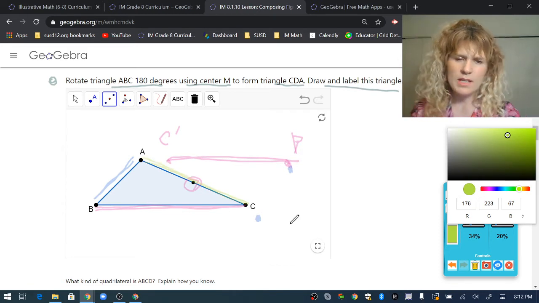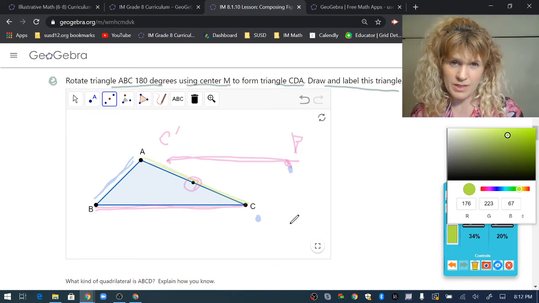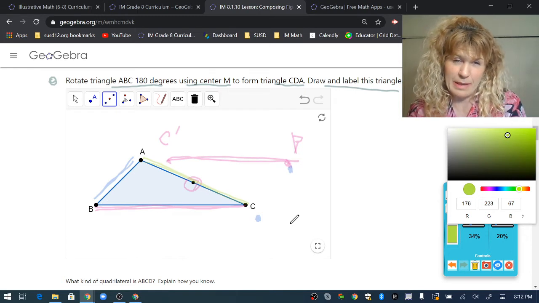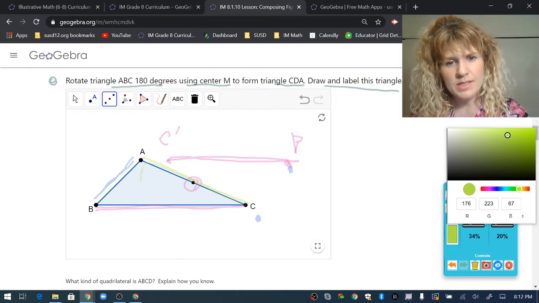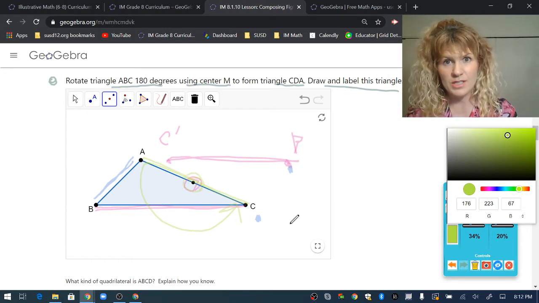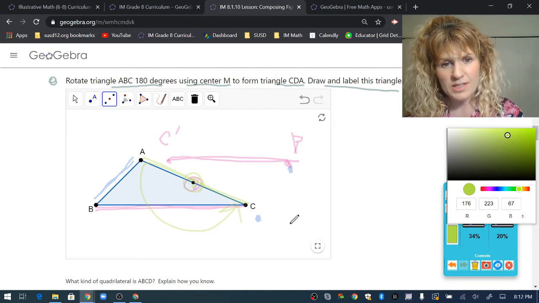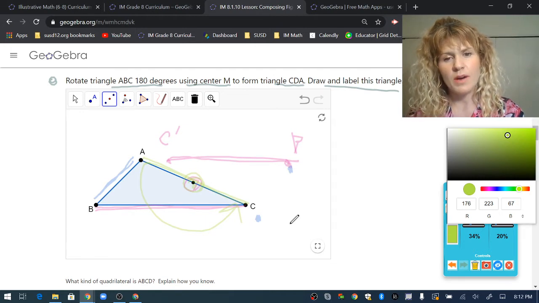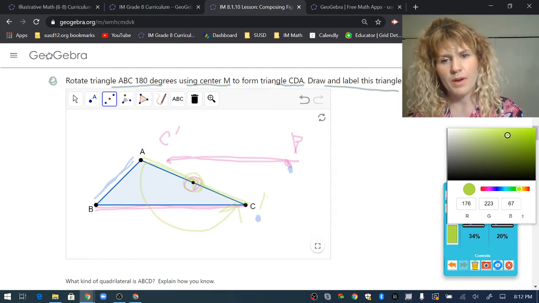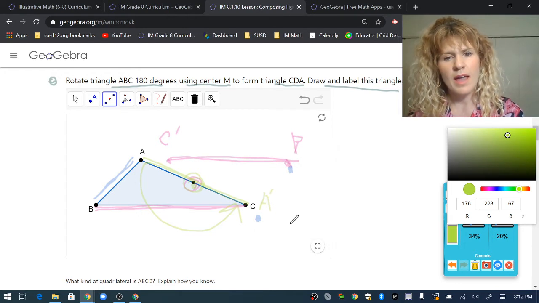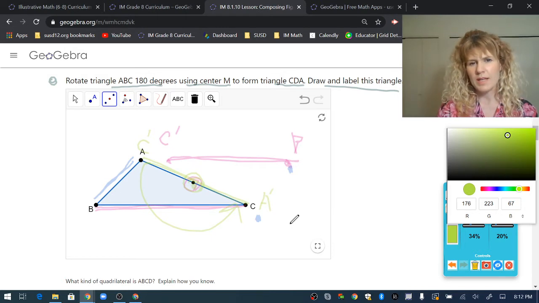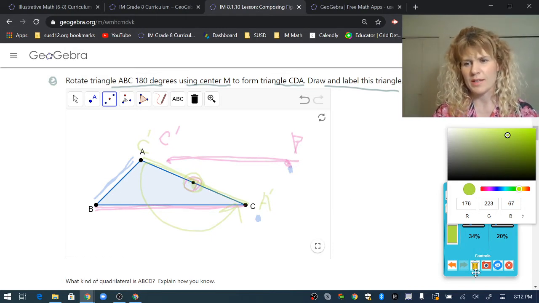When we rotate a segment AC 180 degrees, what do you expect to happen? Well, it's just going to stay on its own line because it's on the center of rotation. The center of rotation is here on AC. So I expect point A prime to be here, and C prime to be over here. Something like that?